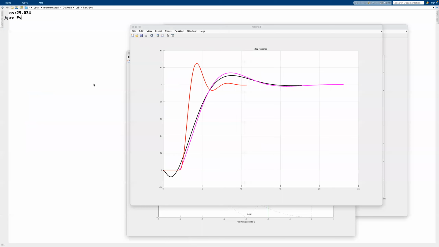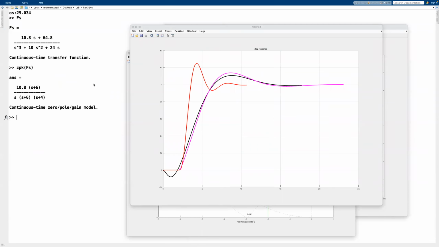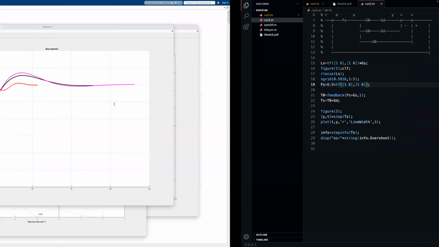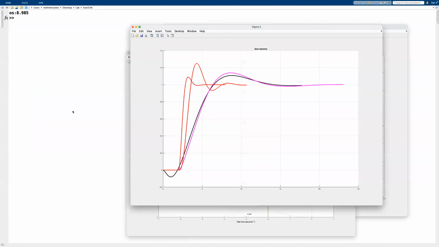Did we mess up stuff? Oh, yeah, it's not LS. I have to copy this part here, of course. So, yeah. Let's do it like this.